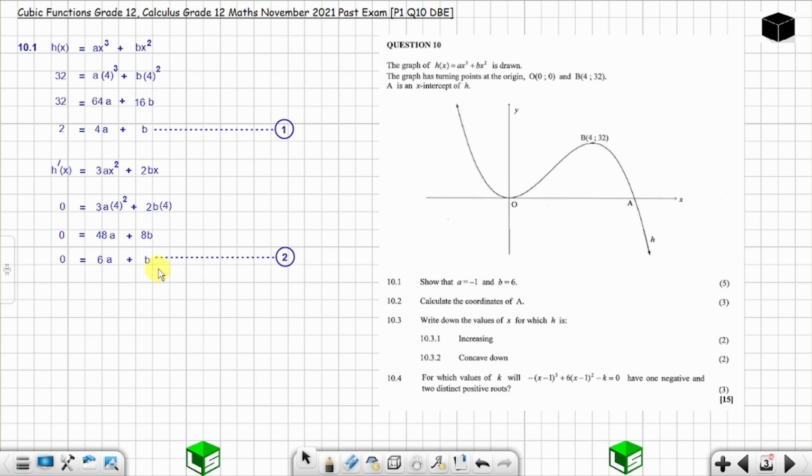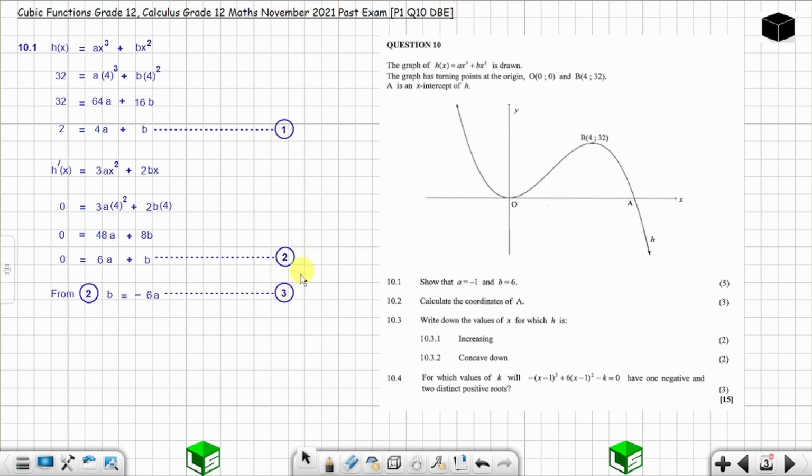I can say from equation number 2, b is equal to negative 6a. And this is my equation number 3. So what you can do is to take equation number 3 and plug it inside equation number 1.